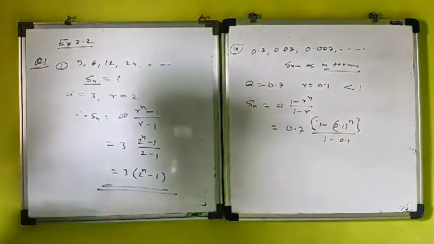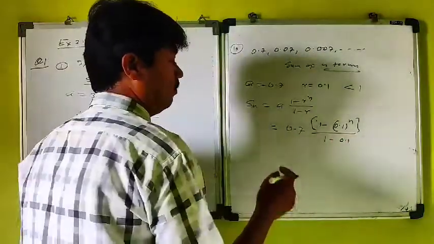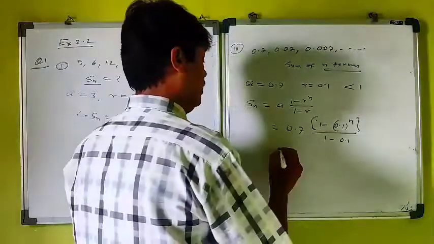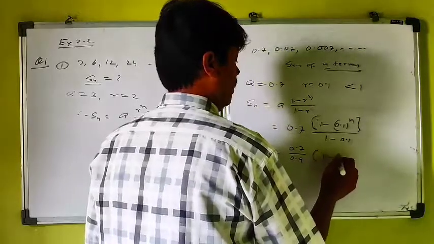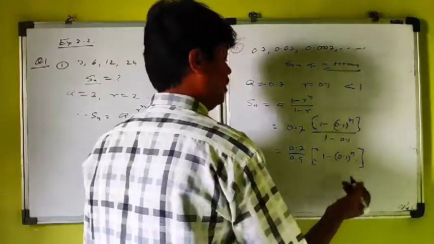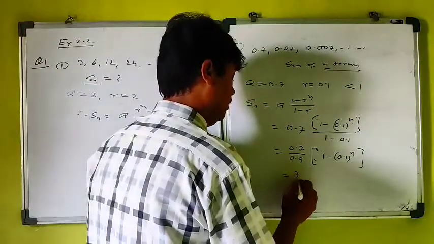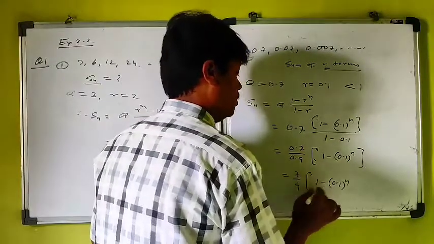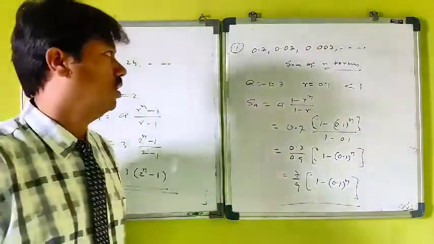So what is 1 minus 0.1? It is nothing but 0.9. So it is 0.7 upon 0.9, 1 minus 0.1 raised to n. Now 0.1 can be written as 1 upon 10. So you can keep the answer like this, 7 upon 9, 1 minus 0.1 raised to n. Or we can write 0.1 as 1 upon 10 like this. So that is also okay.